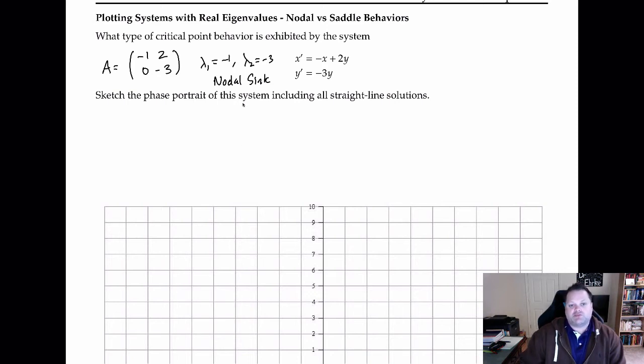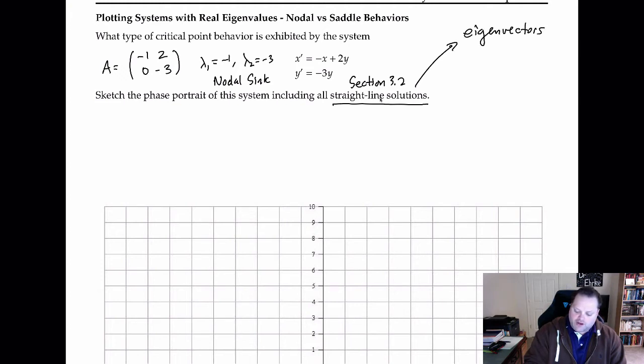I want to sketch the phase portrait of the system, including all straight line solutions. When you see straight line solutions, first off, if you haven't read it, you should read through section 3.2. But second, as soon as you see straight line solutions, you should be thinking about eigenvectors.